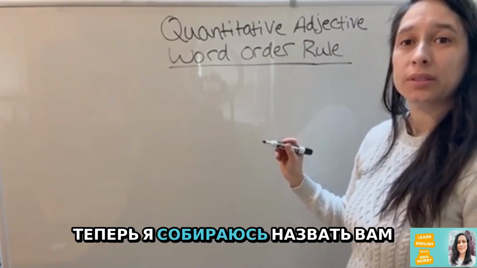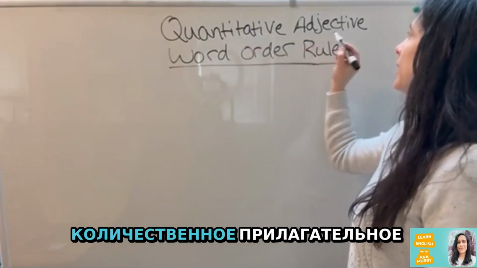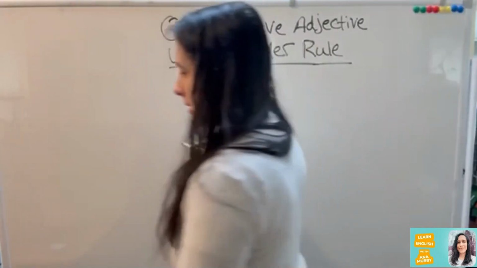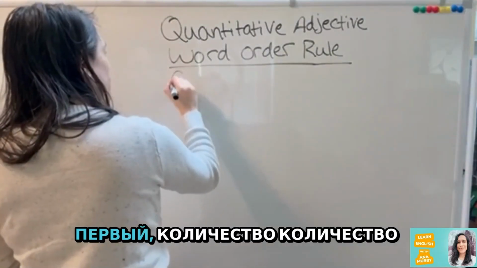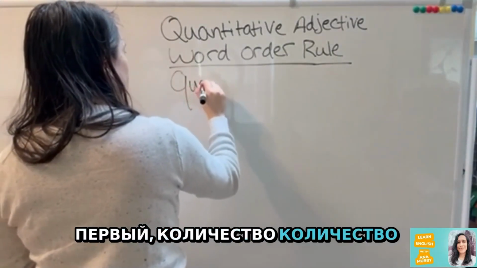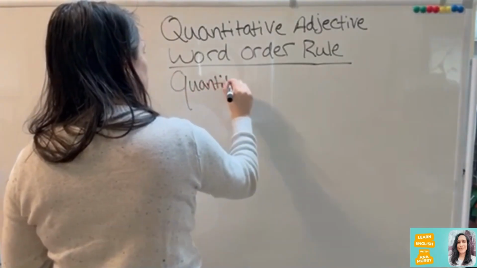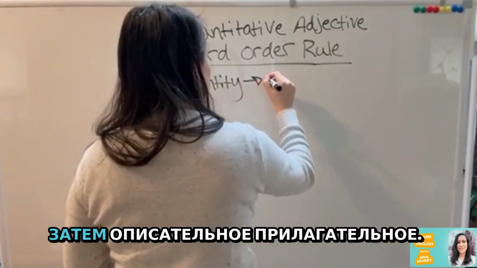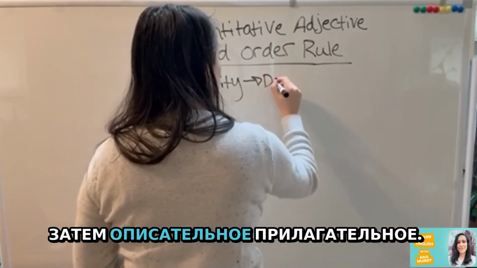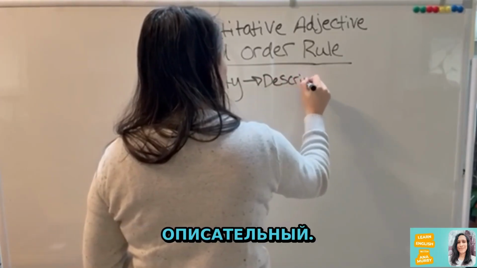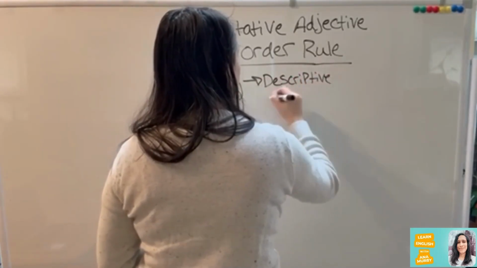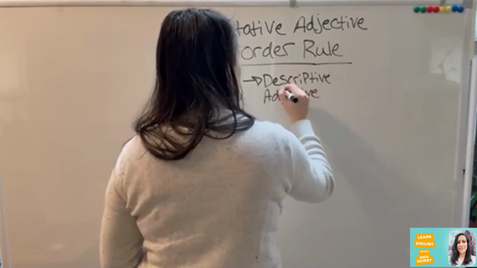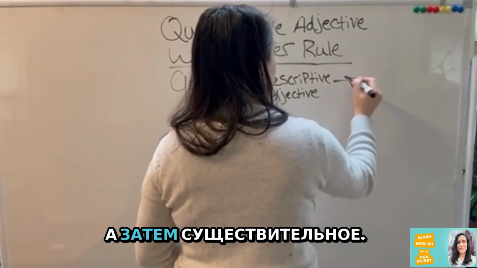Now, I'm going to tell you the quantitative adjective word order rule. First, quantity, then descriptive adjective, and then the noun.